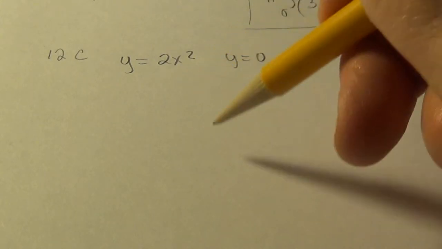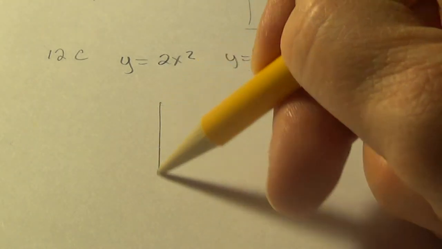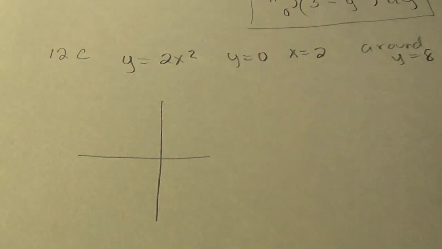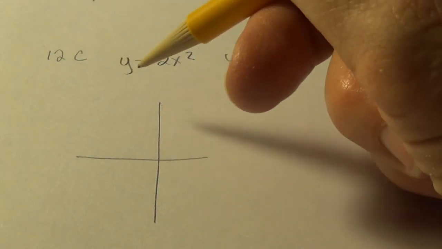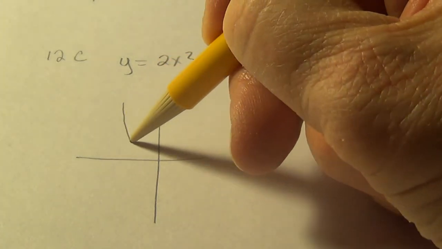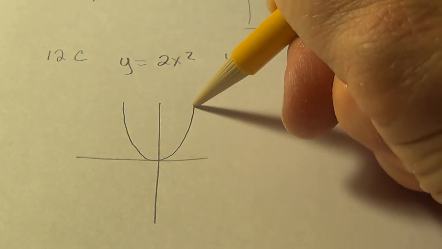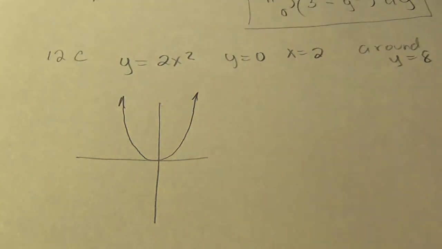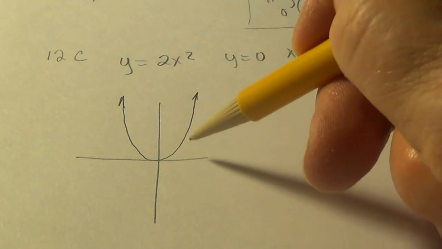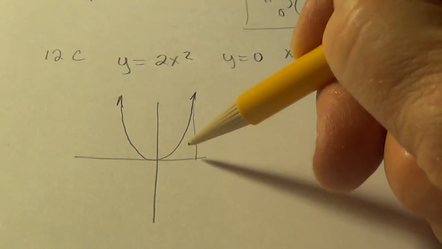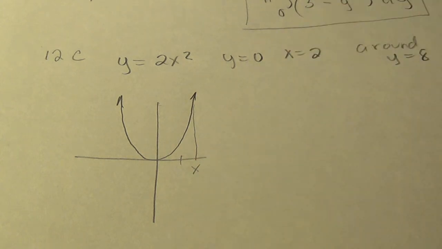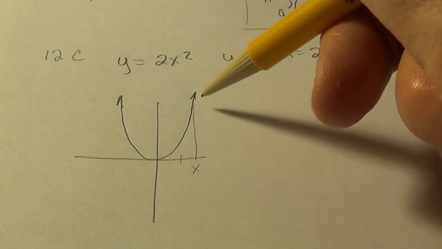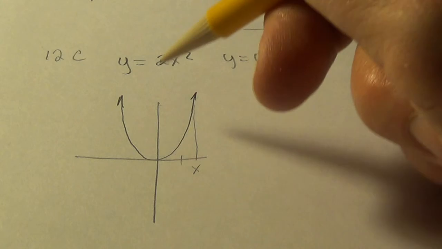All right, so I'm going to make my sketch. Hope this shows up good enough. I didn't set up my board, so hopefully it'll be helpful. We have a skinny parabola, and we have y equals 0, x equals 2, and we're going to go around y equals 8.